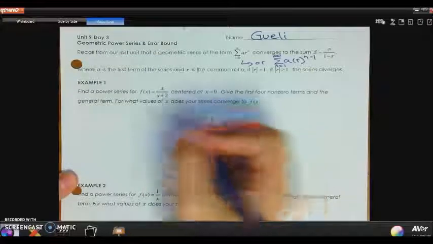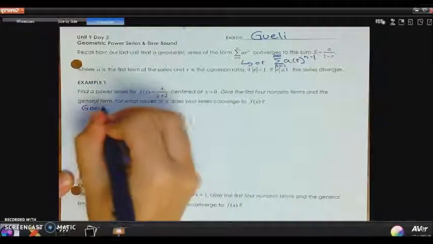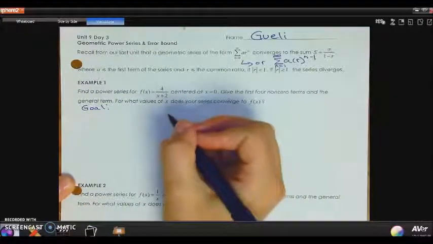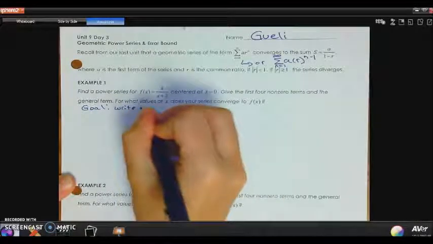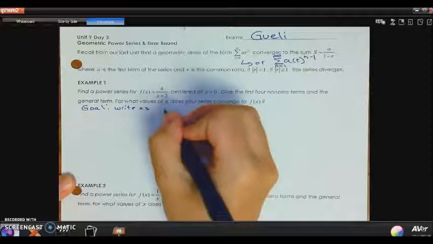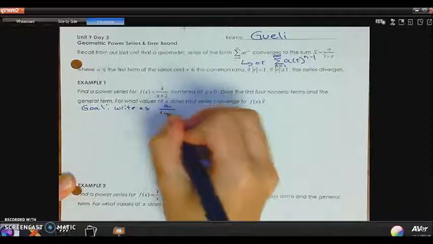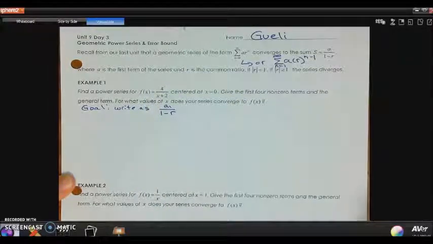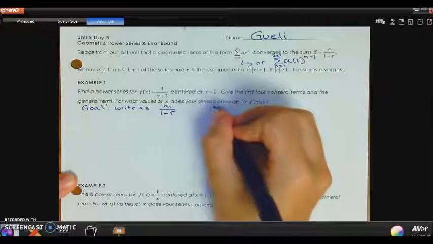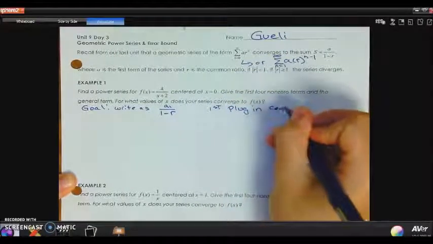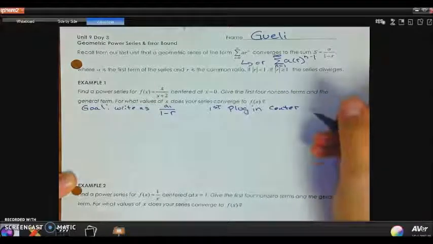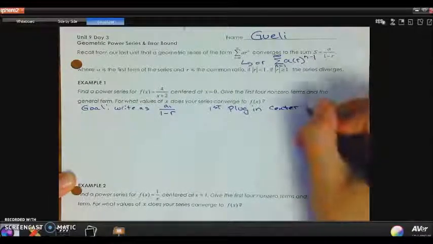So let me write it like this. I'm going to write my goal. My goal is to write it in the form a sub 1 over 1 minus r. If I can get it like that, then I know that it would converge to the sum. So first, plug in the center, and that's going to help us find our a.